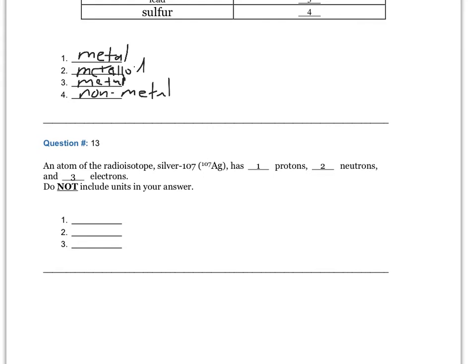Blank 1, silver has 79 protons, 28 neutrons, and 79 electrons.